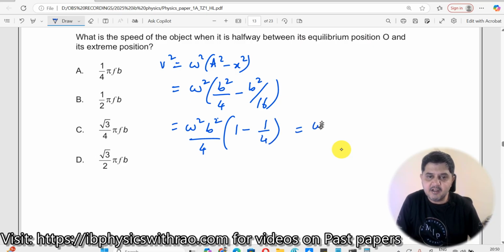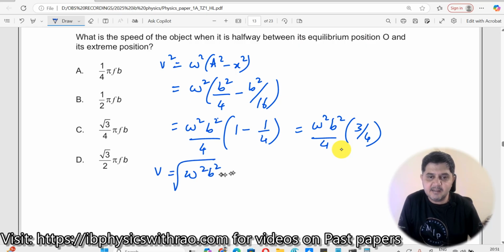Taking the LCM, I get 3 by 4. So v is equal to the square root of omega squared b squared into 3 divided by 16. When I do that, I get omega b root 3 divided by 4.